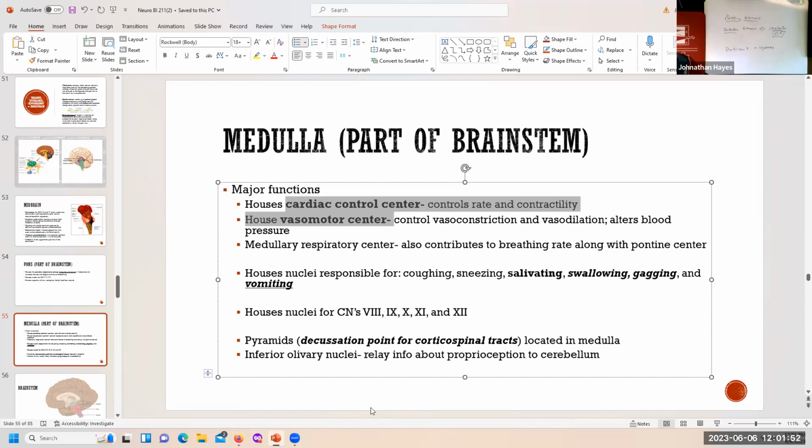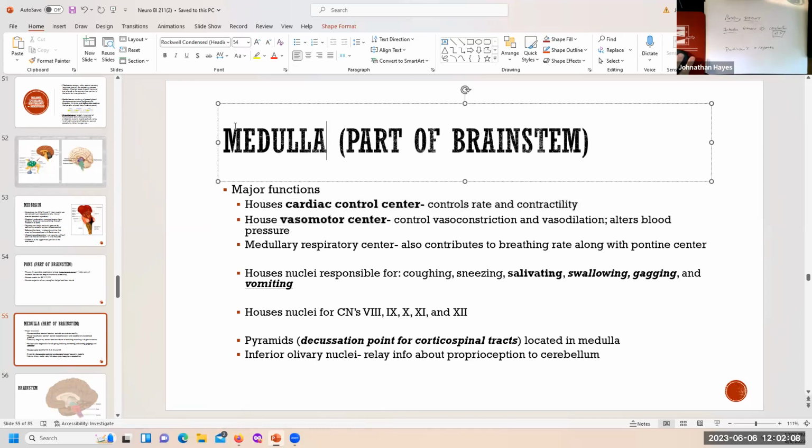What could explain that? It can't just be sympathetic innervation because they would just be straight hypertensive. It can't just be blood loss because they would just be straight hypotensive, but it's going back and forth, back and forth. Well, what controls blood vessel tension to begin with? The medulla. So again, if it's fluctuating blood pressure, then think medulla, rather than if it's just strictly hypertensive or strictly hypotensive.